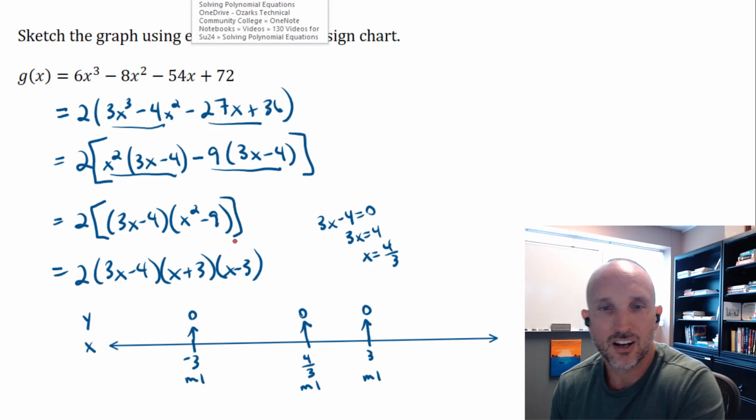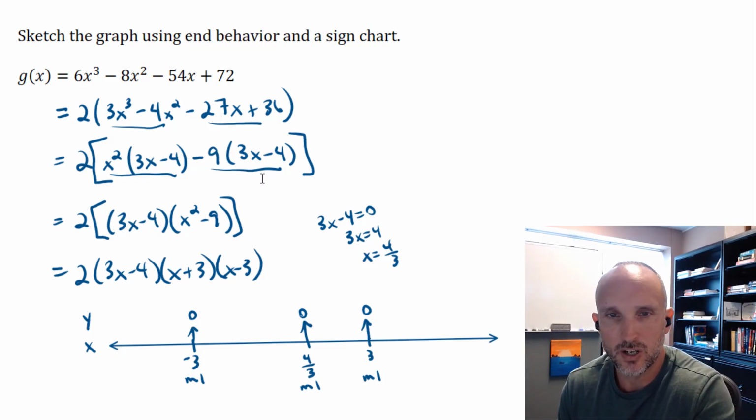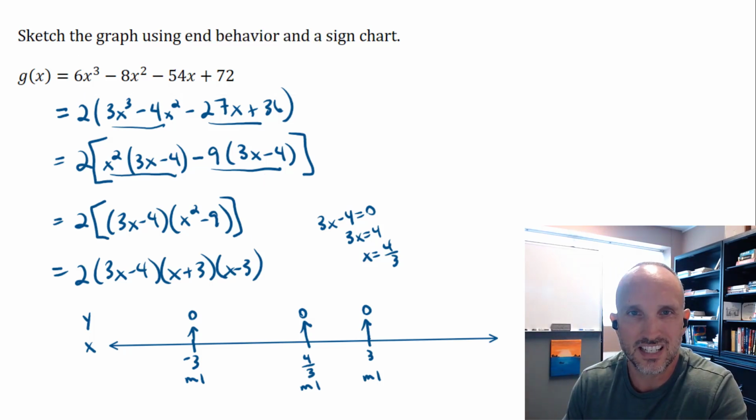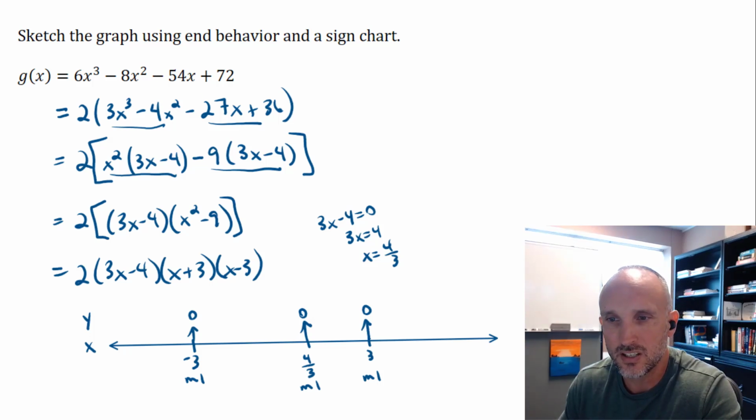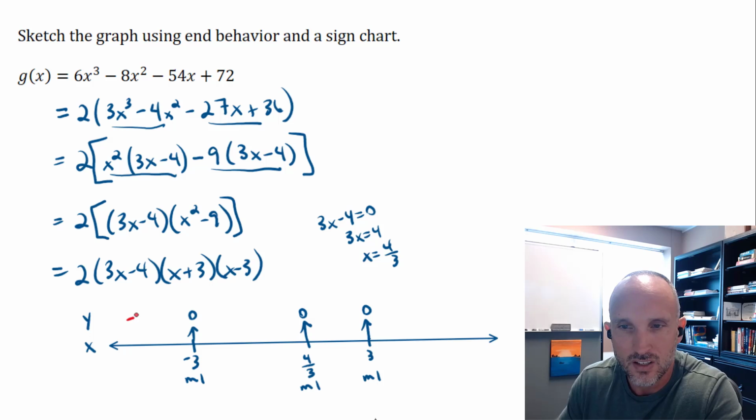Now we can use a calculator to see the end behavior, but I'm going to go ahead and use the leading term, which is 6x cubed. And we know 6x cubed, well, as x goes to negative infinity, y is also going to go to negative infinity. And as x approaches positive infinity, y is also going to go to positive infinity. So I'm going to go ahead and put in my end behaviors here.